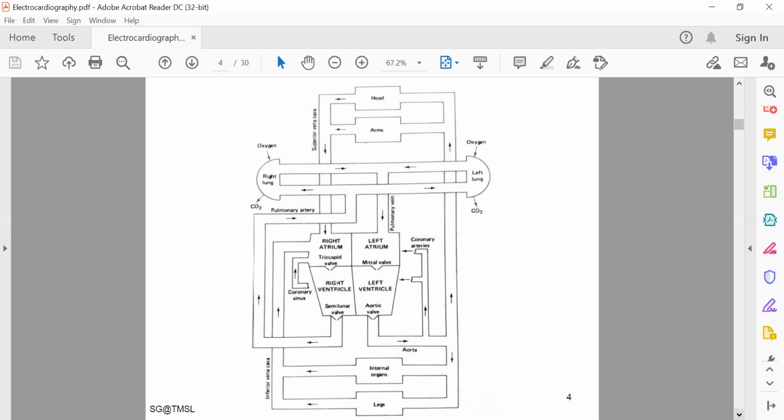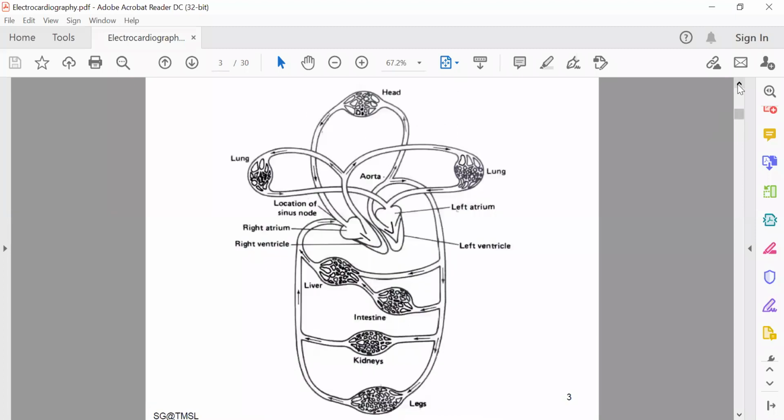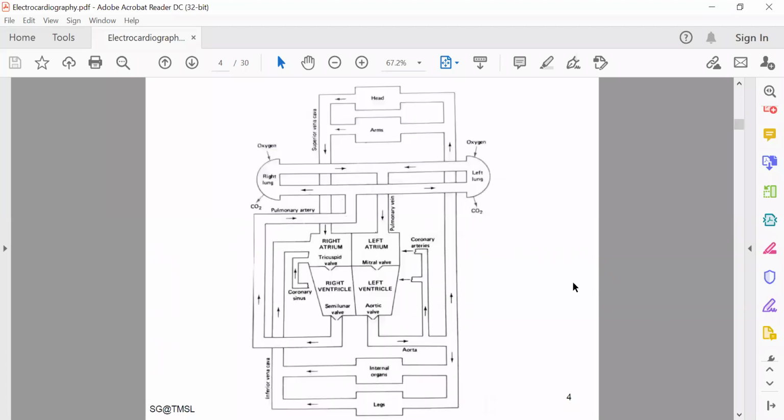What is given in here, the same thing is implemented. So this one is the biological format and this is the engineering view, the piping system of the heart.